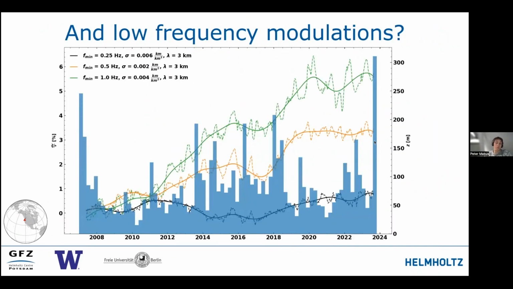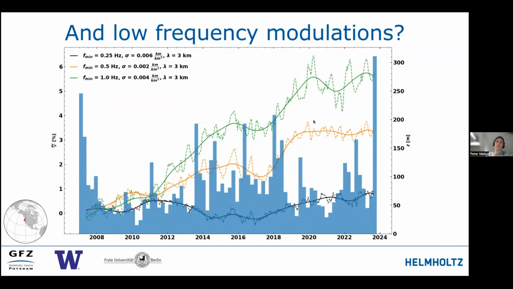But then, what about the long-term changes? So this is fairly fresh, and I'm actually not quite sure where I'm going here yet. So bear with me. What I try to do here is I wanted to have a look at these three velocity change curves. So we have three different frequencies.